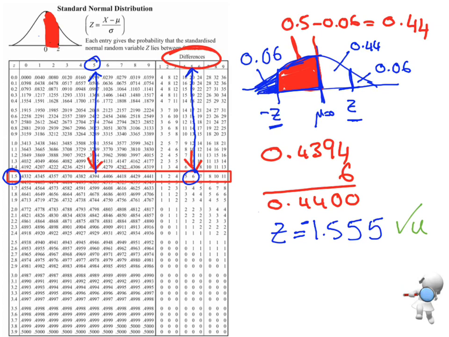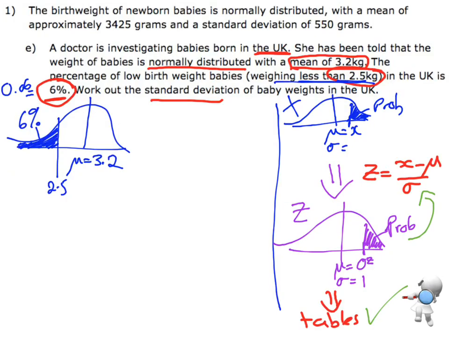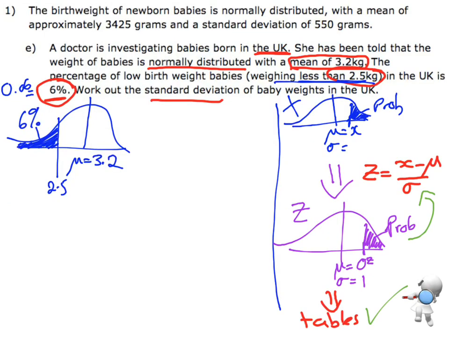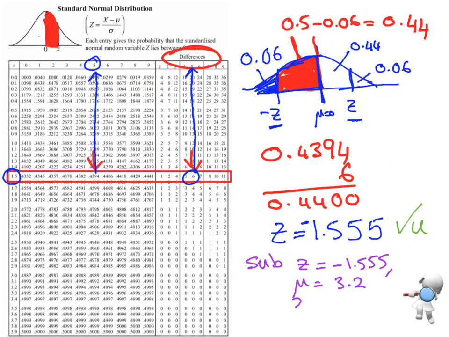So I am going to substitute Z equals negative 1.555, and I'm going to substitute, do I need the standard deviation? No, but I know the mean is 3.2. I know I've got a mean of 3.2, and I know I have this value of 2.5, so I know my X value is 2.5.